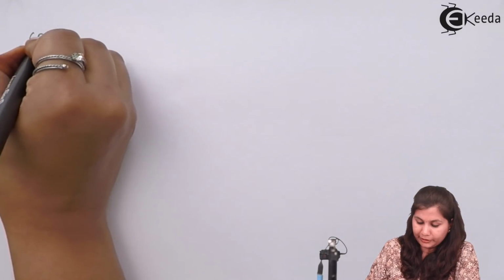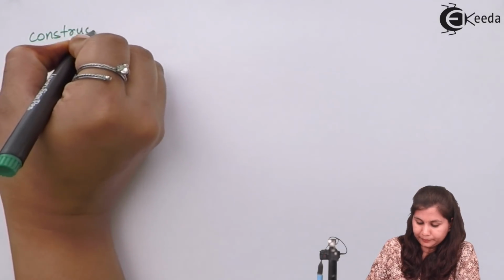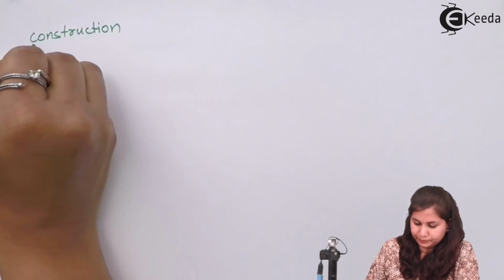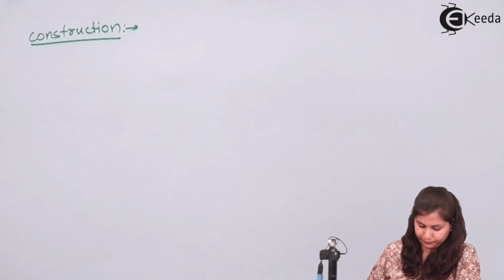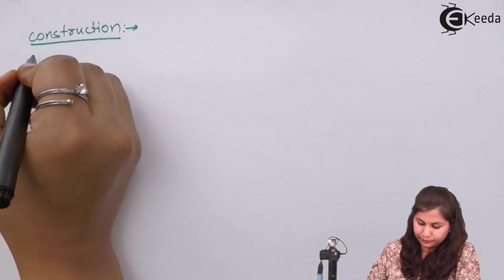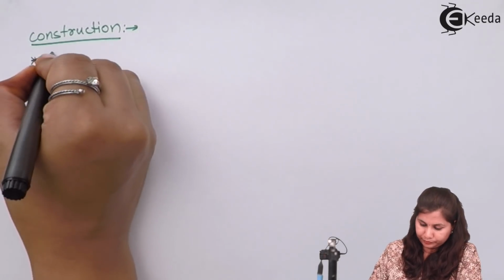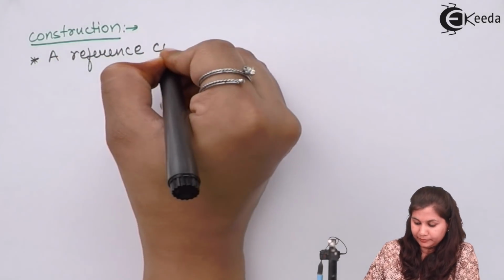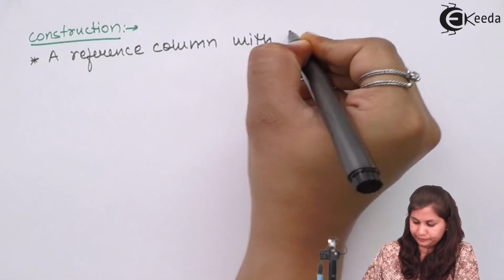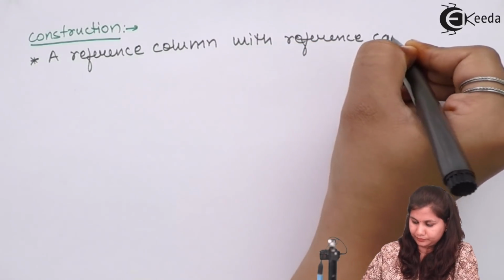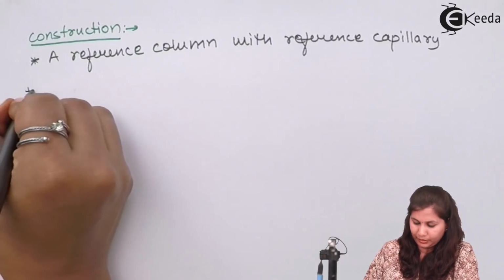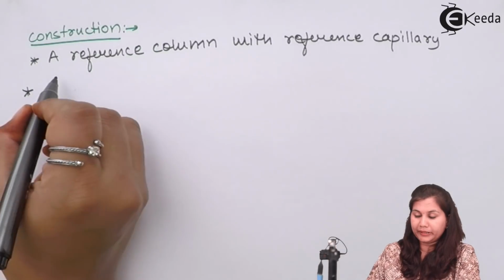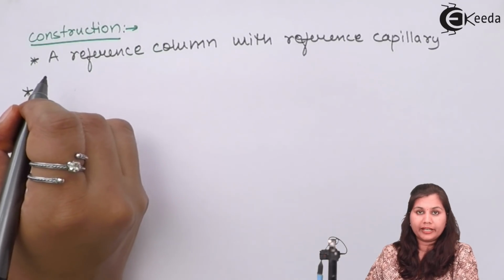So let's see the construction of the McLeod gauge. A reference column is there with the reference capillary. This reference capillary tube has a point which is called the reference point.